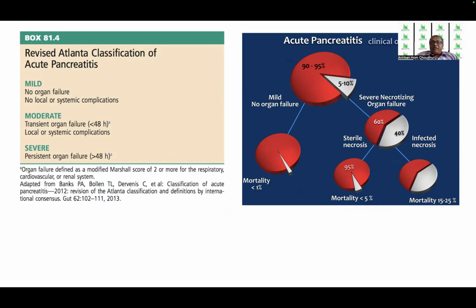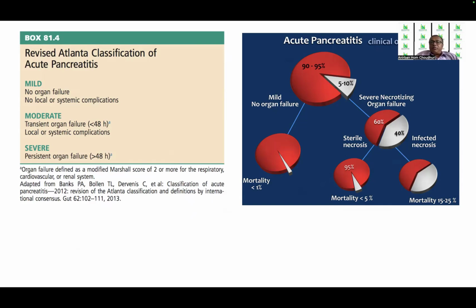But if it becomes necrotizing pancreatitis with organ failure, its mortality increases to almost 5%. And if it becomes infected necrosis, the mortality can become 15 to 25%. So there can be almost a 25 times jump in mortality from mild pancreatitis with no organ failure to severe pancreatitis with infected necrosis.